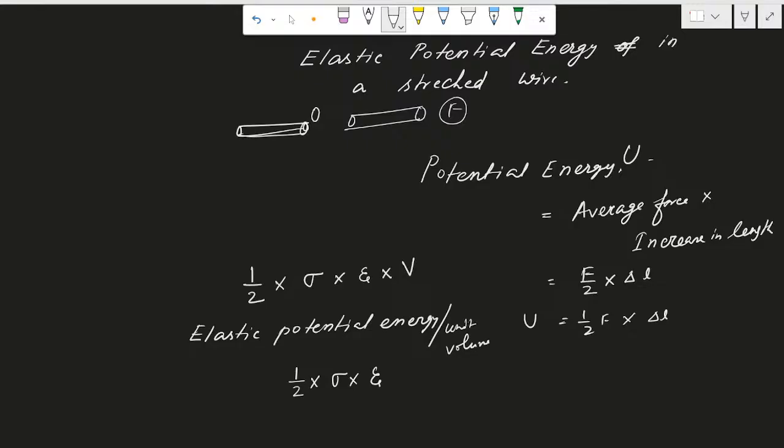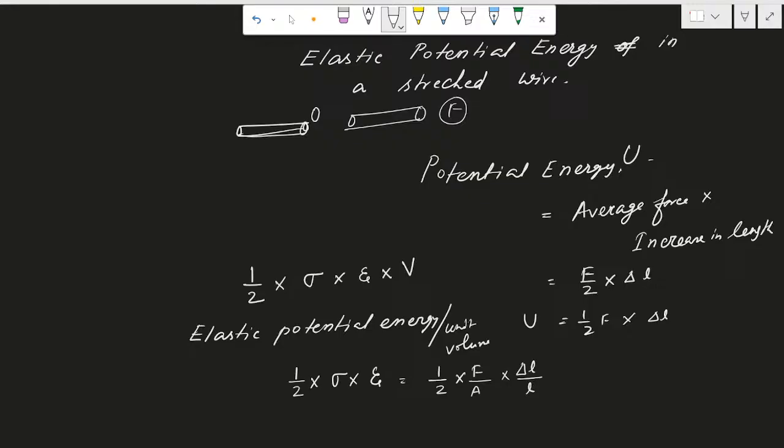Now sigma is F by A in this case, and epsilon is actually delta L by L, okay.